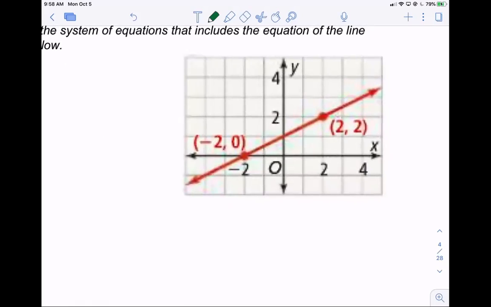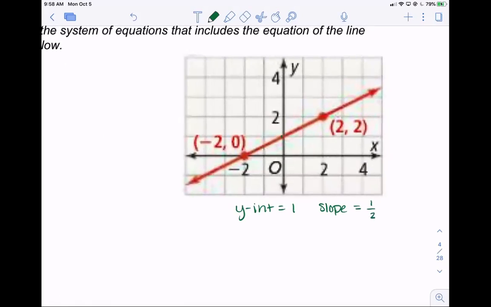The y-intercept is 1. Okay, what else? What's the slope? 1 over 2. Good job.